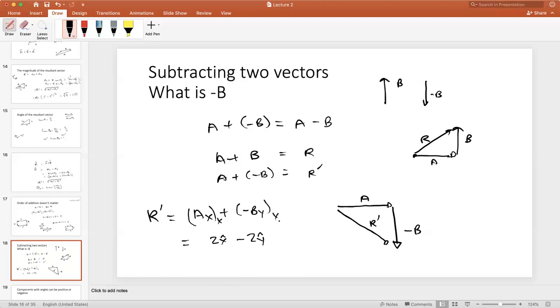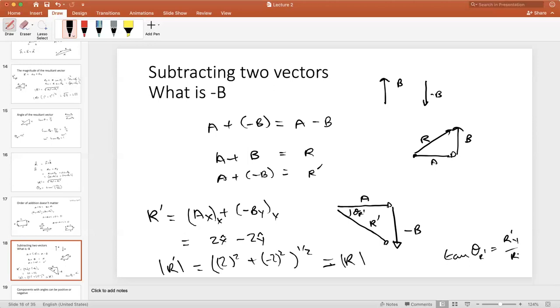In general, the magnitude of R prime will be the square root of 2 squared plus negative 2 squared. So the magnitude of R prime and the magnitude of R are the same, but their directions are very different. Tan of theta R prime is R prime y over R prime x, which is -1, which is -45 degrees.